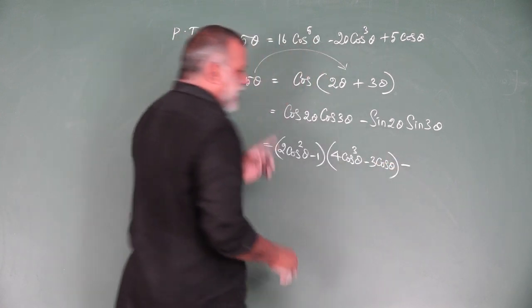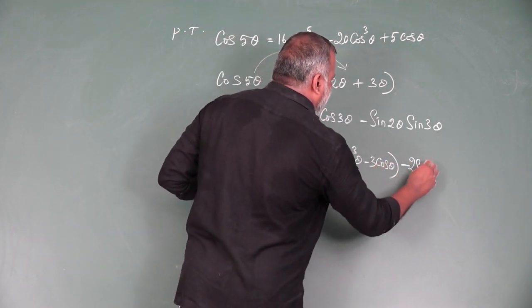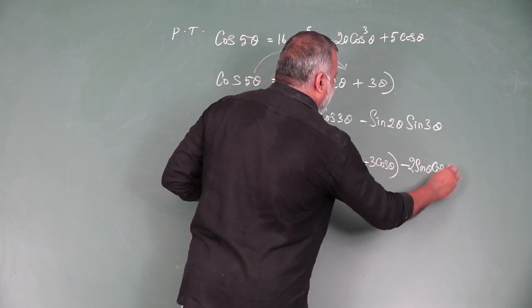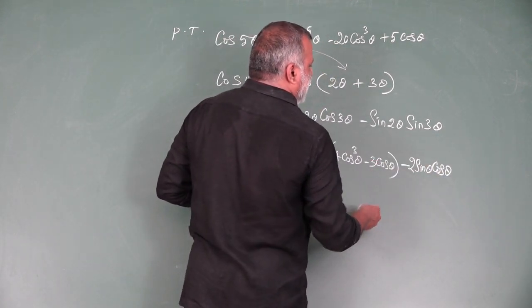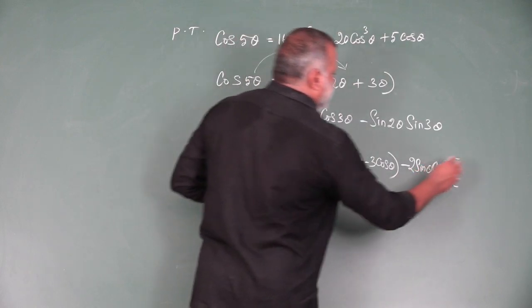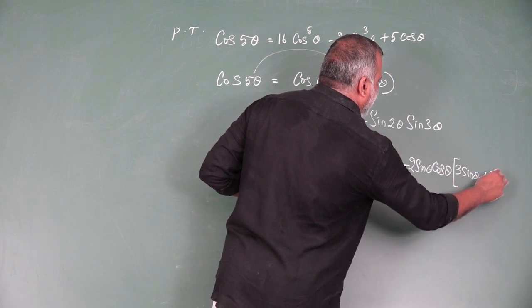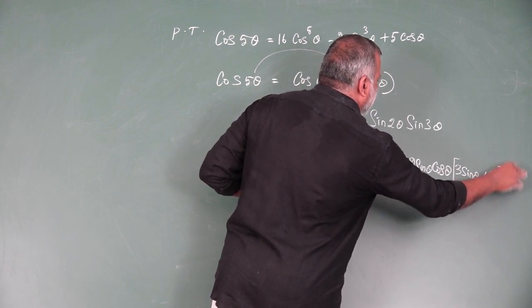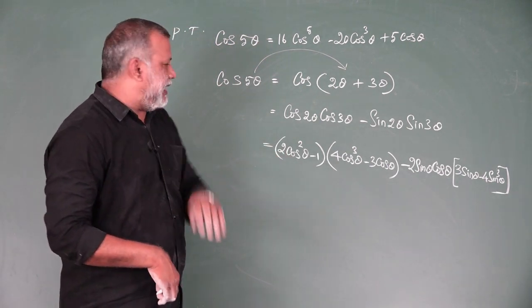Again, minus sin 2 theta, we have the identity 2 sin theta cos theta. Again, sin 3 theta can be expanded as 3 sin theta minus 4 sin cube theta. So we are using all the multiple angle identities.